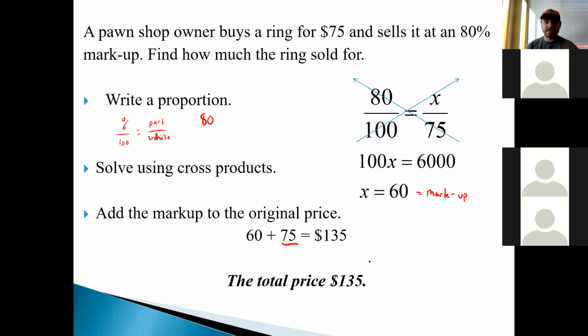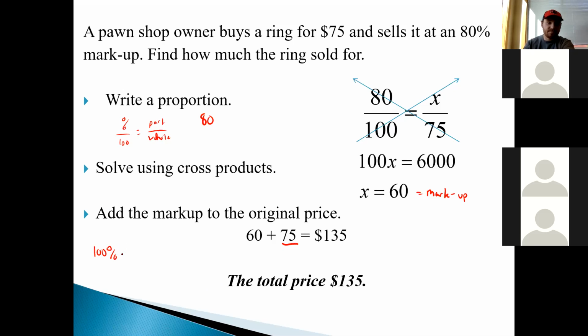Now, while you guys are working on writing that down, doing the shortcut version, if we sell it at an 80% markup, what percent of the original price is it going to be? So we're basically increasing the price by 80%. It starts at 100%. What's the new one going to be? 180%.